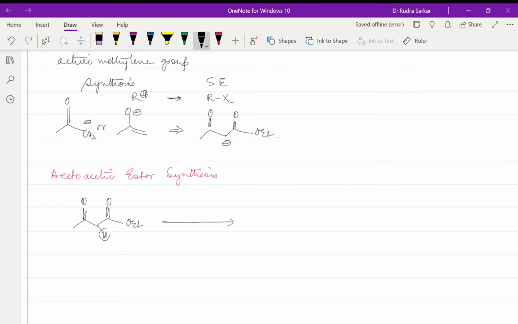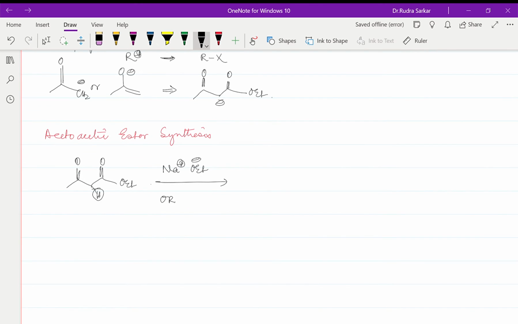The proton from this active methylene group can be removed using sodium ethoxide, or NaOR, or NaOH, or we can even use K2CO3, and all of these are very weak bases, to deprotonate and generate the carbanion of the acetoacetic ester.